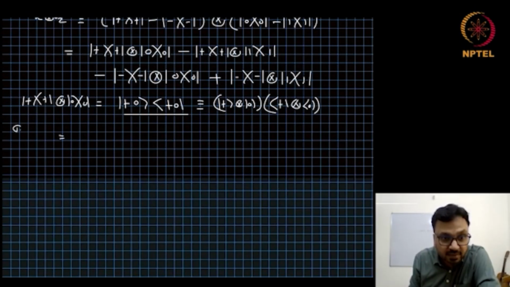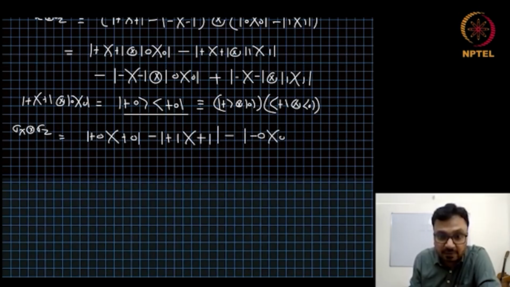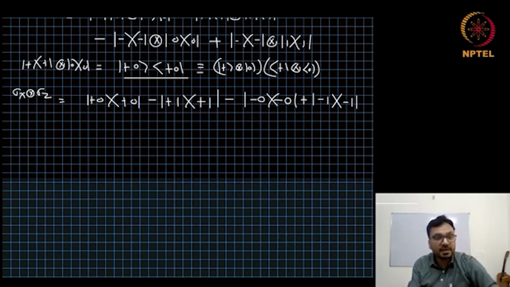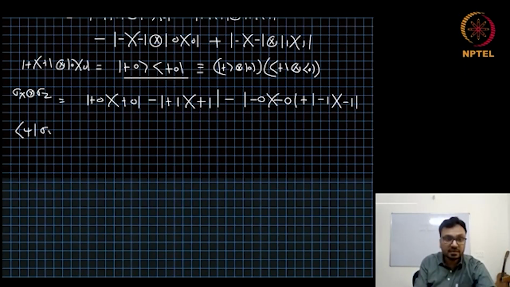So sigma x tensor sigma z becomes |+0><+0| minus |+1><+1| minus |-0><-0| plus |-1><-1|. The expectation value of sigma x tensor sigma z for a pure state psi is <psi| sigma x tensor sigma z |psi>.